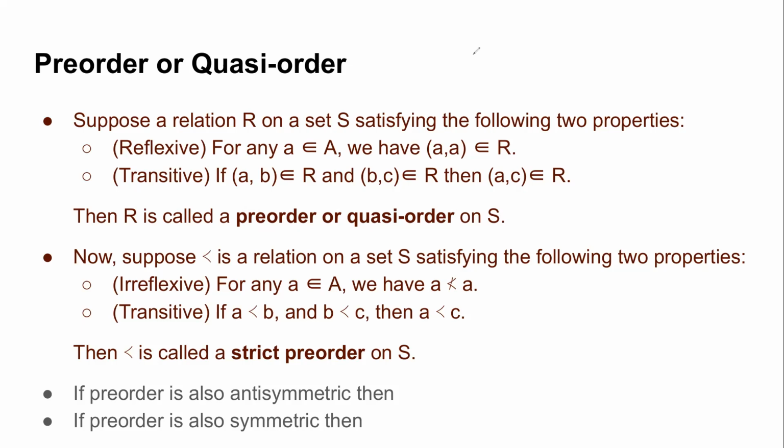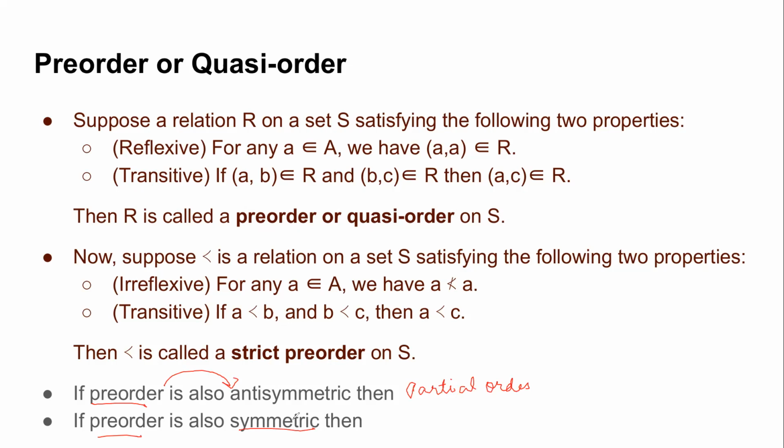Good. Now, let me just test your memory of what we have done so far. If I say I have a pre-order, and in addition it also has the antisymmetric property, what kind of order is that? Pre-order means it's reflexive and transitive. Excellent, it is a partial order. Very good. And what about the other case? If the pre-order also has the symmetric property, what kind of relation is it?